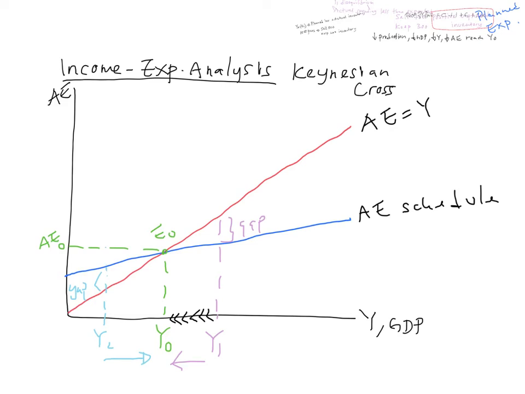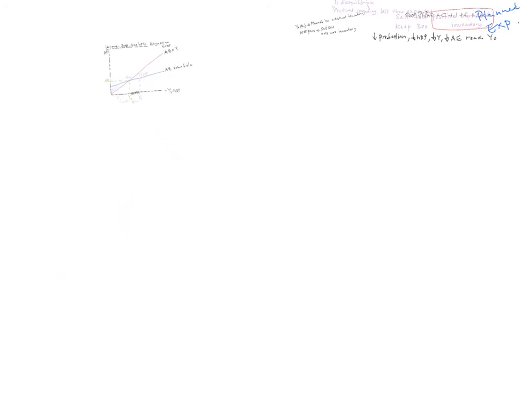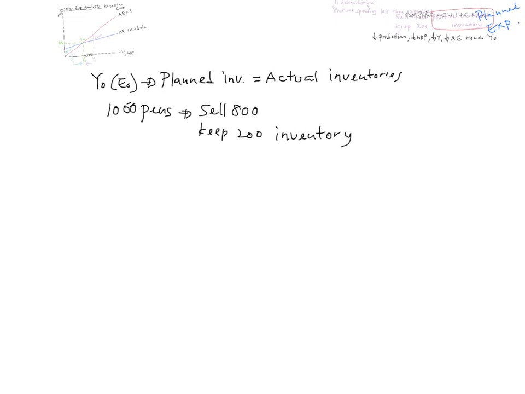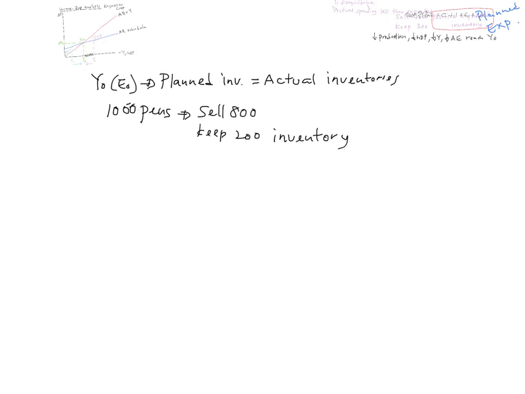So I will put that there. Bring this one here. We're going to compare with the original equilibrium Y0. Okay. So now we are at Y2. Y2 is a situation of disequilibrium.